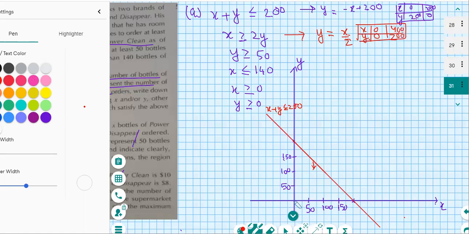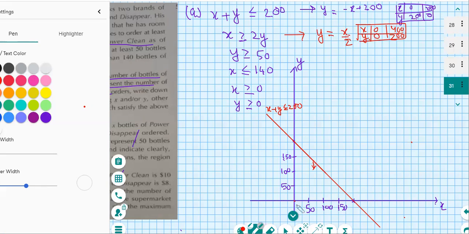The line will be for 0, 0, whereas 200 is this. Sorry, 400 is 200, 250, 300, 350, 400. 400 is this, whereas 200 is 50, 100, 150 and 200.